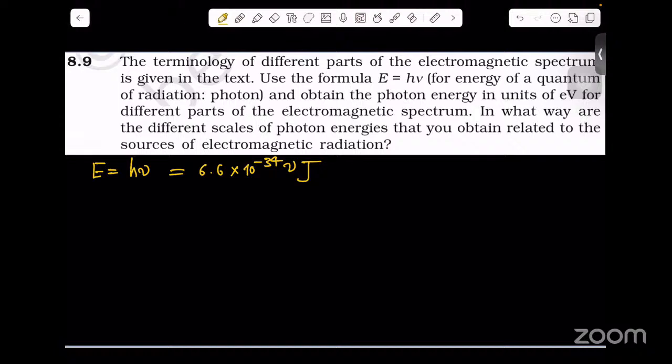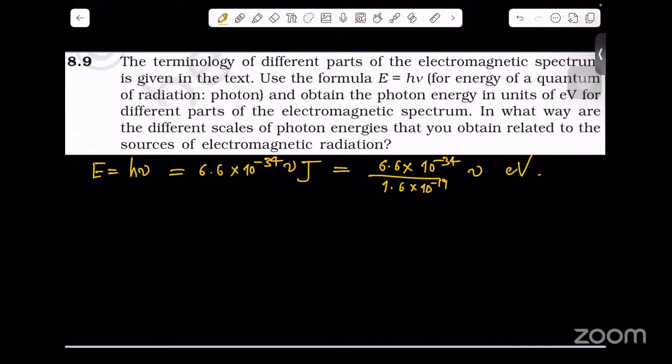We need to find it in electron volts, and we have been given it in joules, so we need to divide it by 1.6 into 10 raised power minus 19 times nu electron volts.